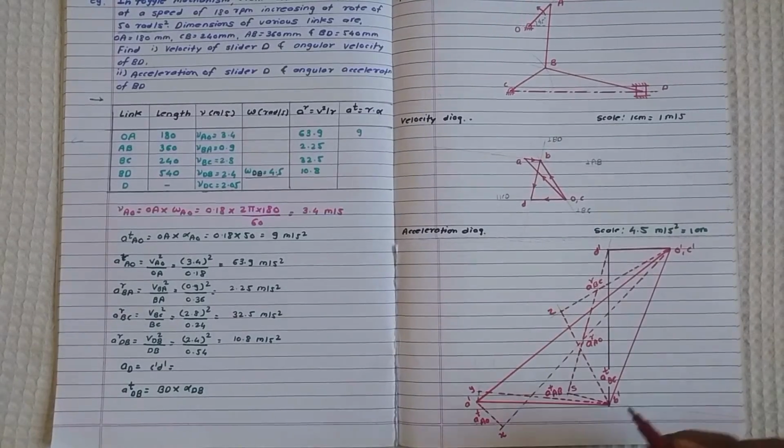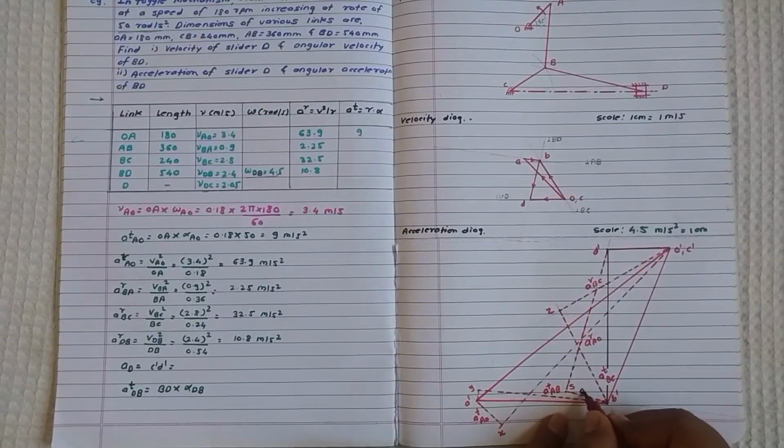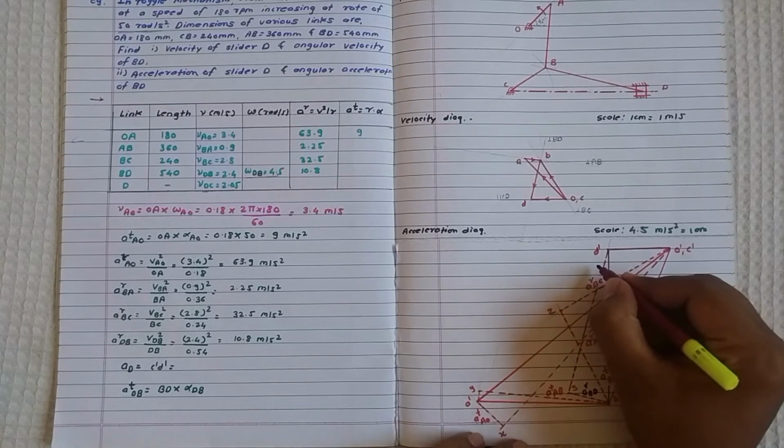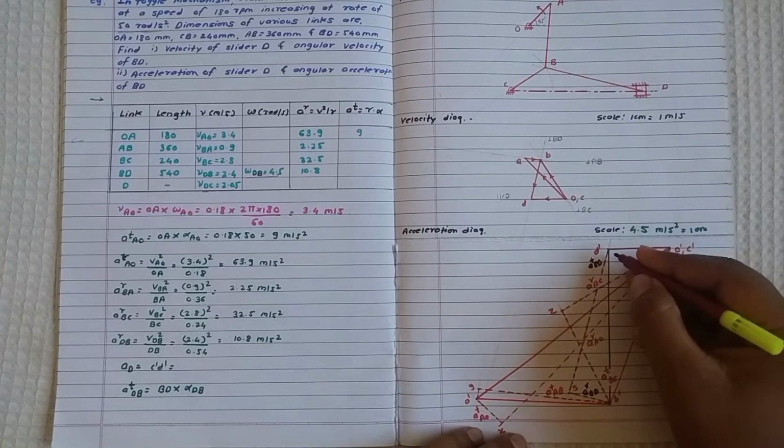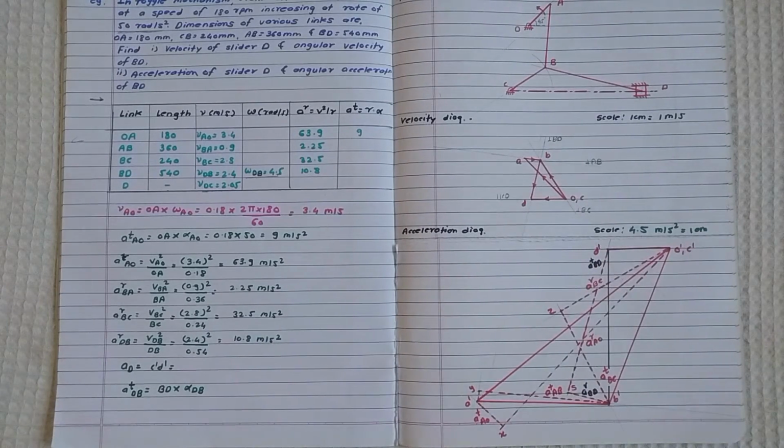So let us give names: B dash S is the radial component of BD, S D dash is the tangential component of BD, and B dash D dash will be the total acceleration.